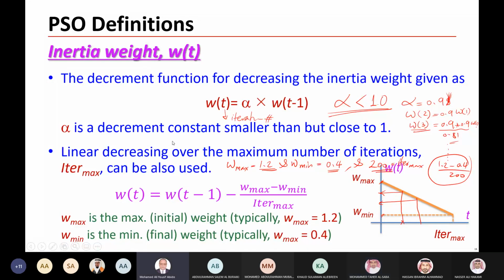Well, actually, usually in literature you will find this, which is linearly decreasing. You will find this one in literature when you read.